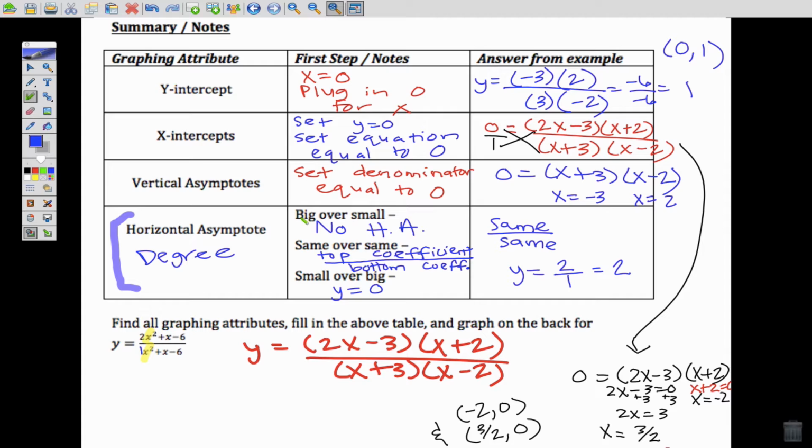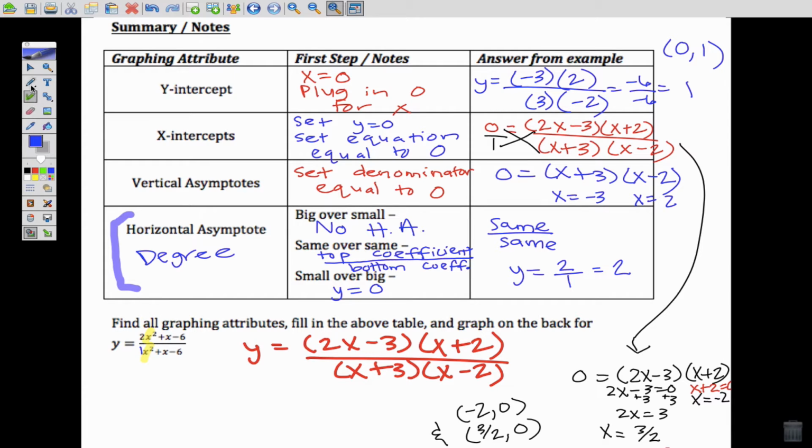If you have two numbers, top and bottom, that are the same degree, we call that same over same. What essentially happens is the numbers cancel out. What's left is that it approaches the top leading coefficient over the bottom leading coefficient.